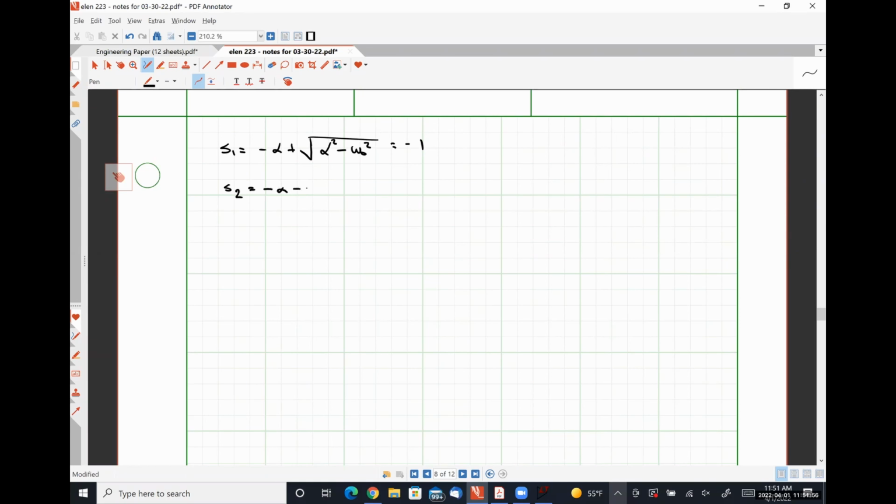S2 is negative alpha minus the square root of alpha squared minus omega naught squared, which is -5, and both of these have units of just per second. Anybody else calculate those and get those numbers? All right, so we have S1 and S2.